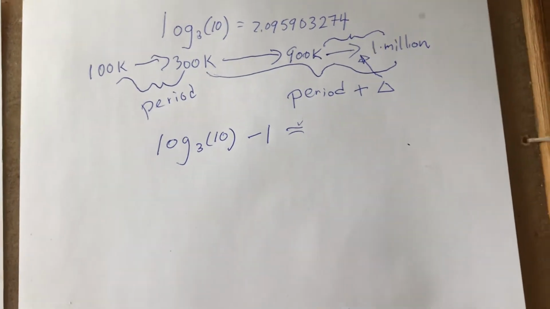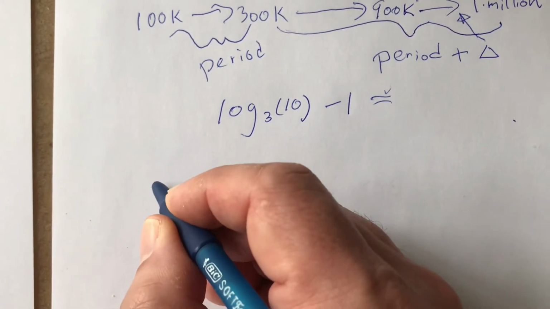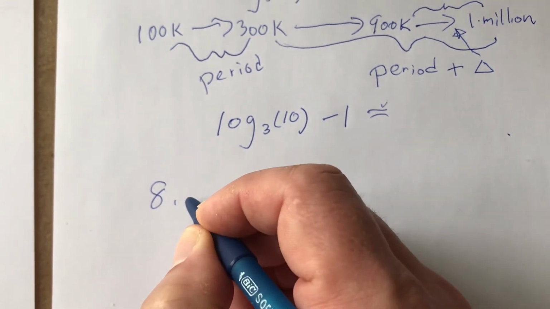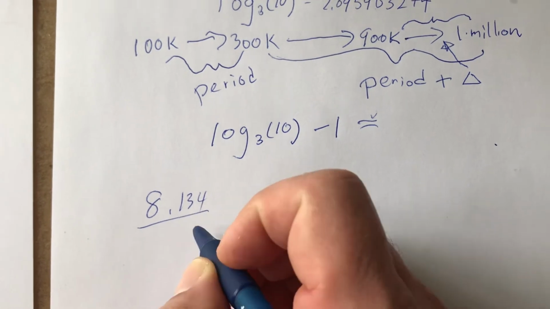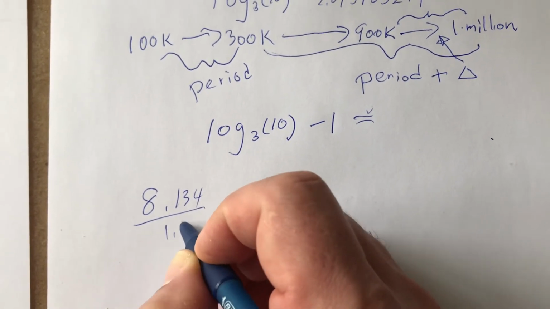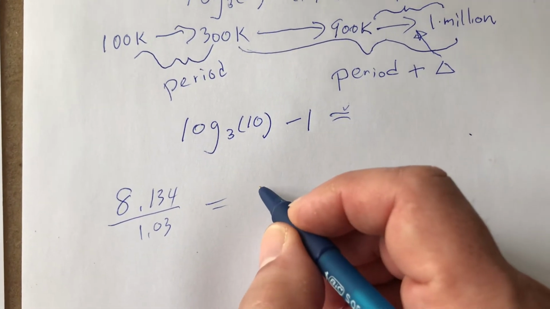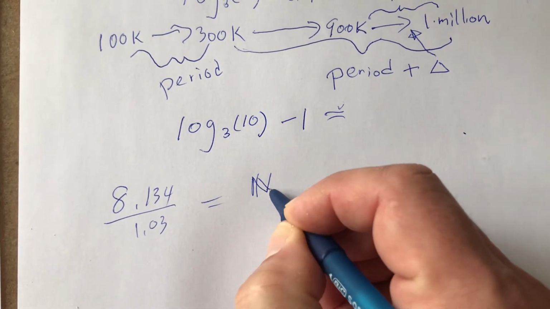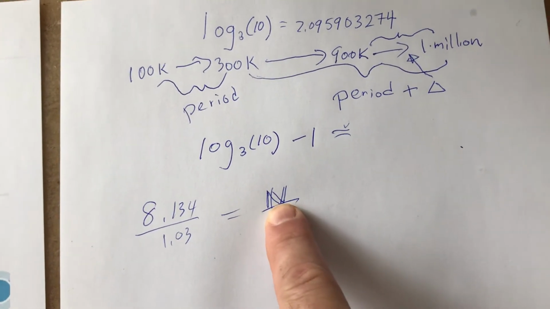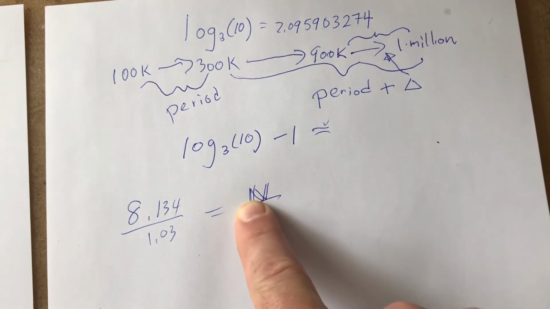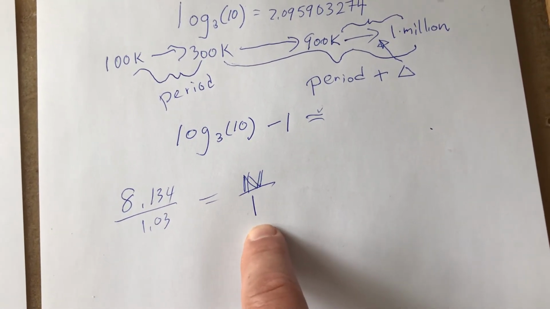I don't know how to explain that too well to anybody, but basically if you said you had a number like 8.134 divided by 1.03, it's going to give some number, divided by 1. And it's going to display on your calculator as some decimal form. So whenever you divide something, you're unitizing it.